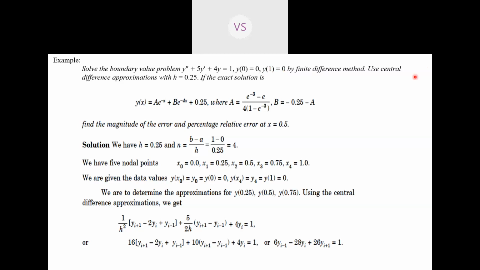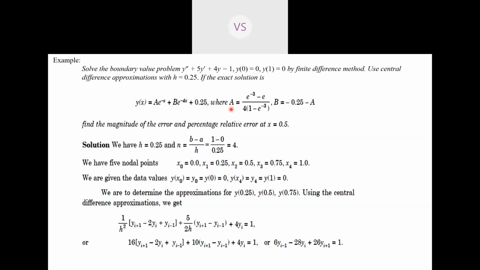Use central difference approximation with h is equal to 0.25, and they have also given you the exact solution. From this you can obtain the exact solution. In this exact solution, they have used the constants a and b. The values of constants a and b can be obtained from here.